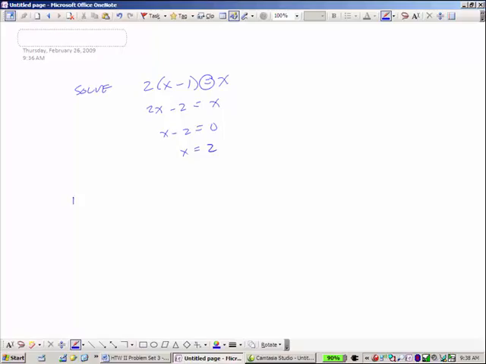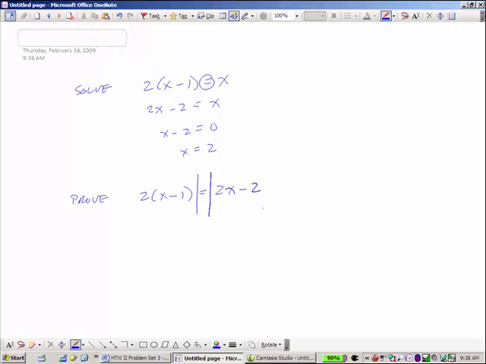That's different from proving. If you want to prove something, this equal sign is like a brick wall. You can do anything you want to the left-hand side. You can do anything you want to the right-hand side. But you can't do the same thing to both sides. Like, I can't add 1 to both sides.